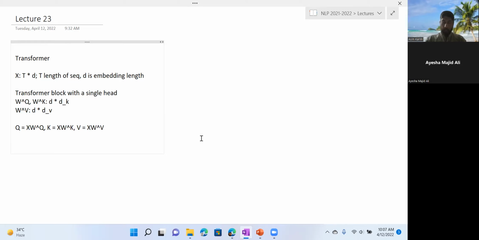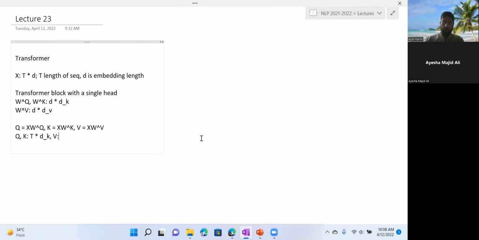So, of course, the Q and K matrices are of size T by D_K, since X is T by D and W is D by D_K.